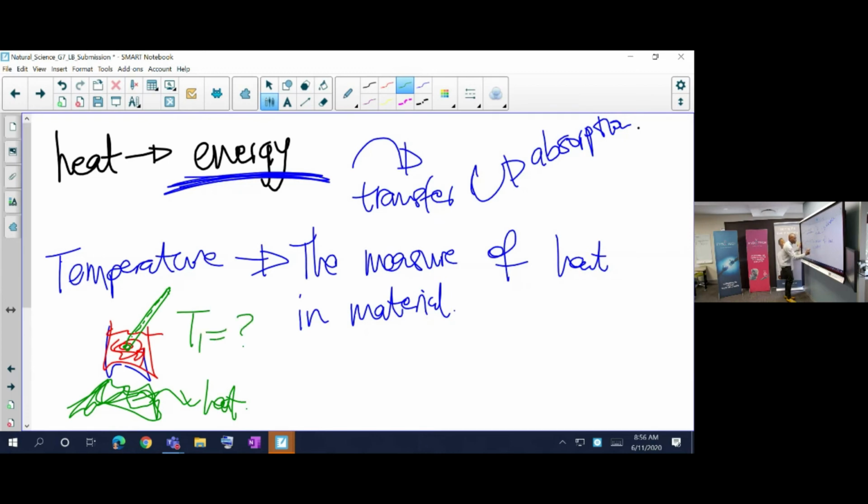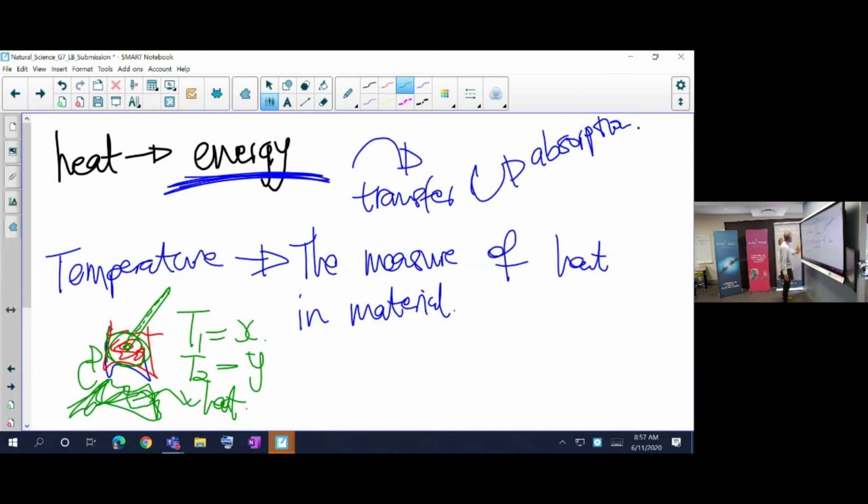It will be, let's call it X. And as I keep applying the heat, the temperature will increase, of course, because our material would have gained energy, meaning it would now be recording a higher temperature Y. Don't worry too much about these T1, T2, X, Y. All you need to know is that there's a difference between heat and temperature.